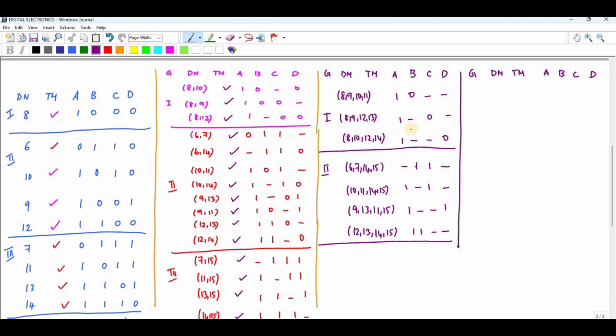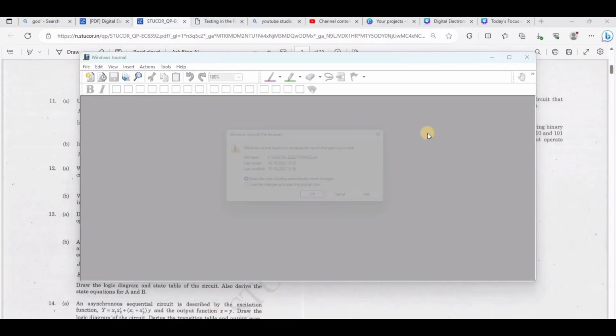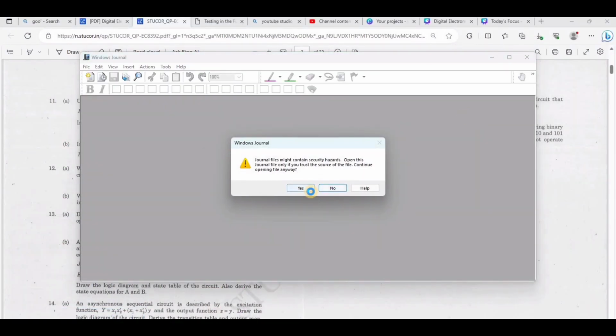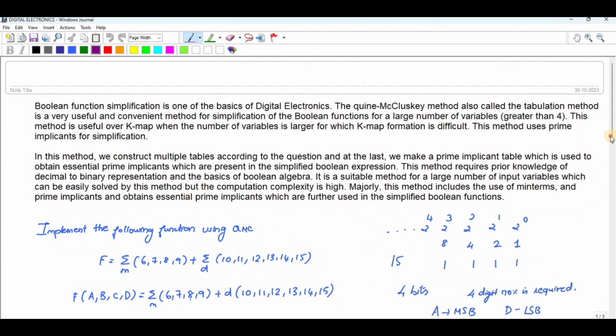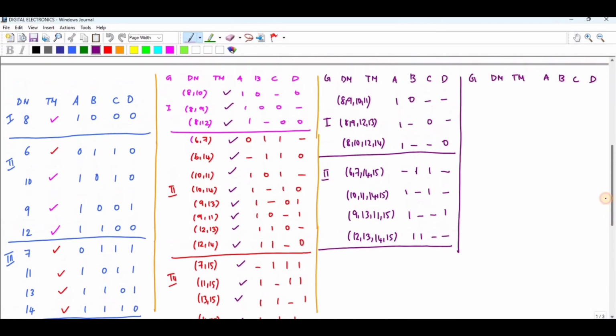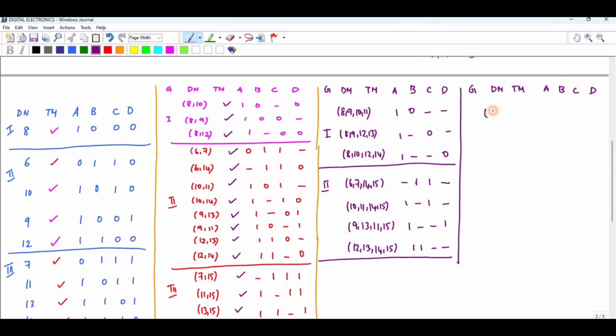So you can compare 8, 9 and 10, 11, and write 8, 9, 10, 11 and 12, 13, 14, 15, right?